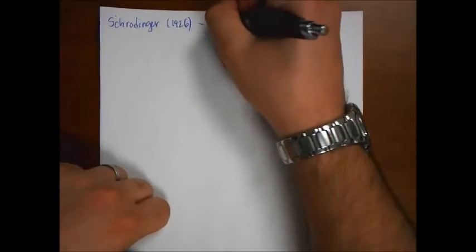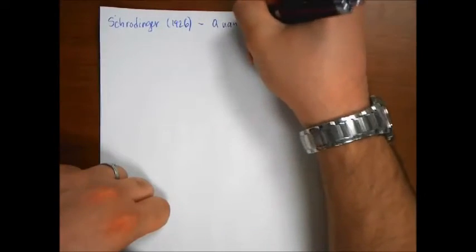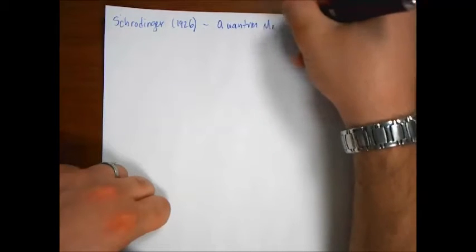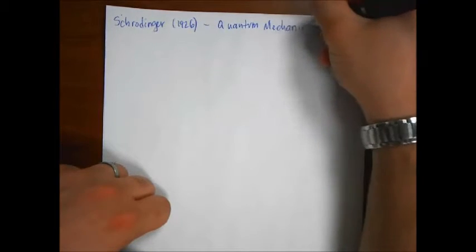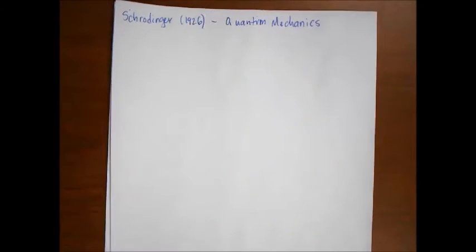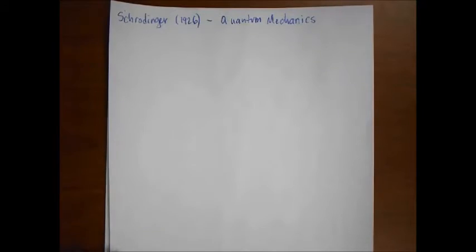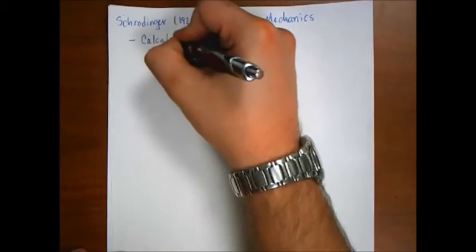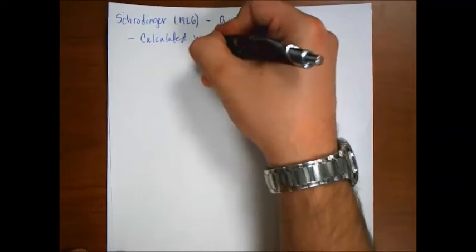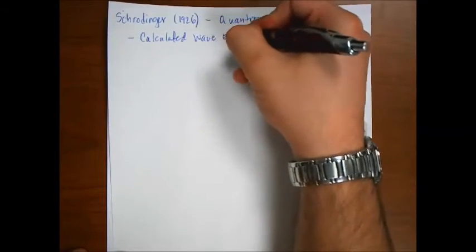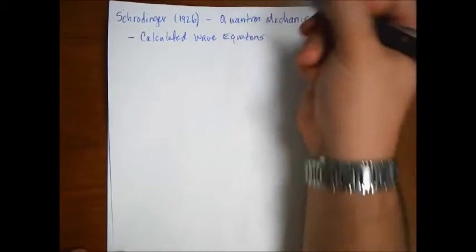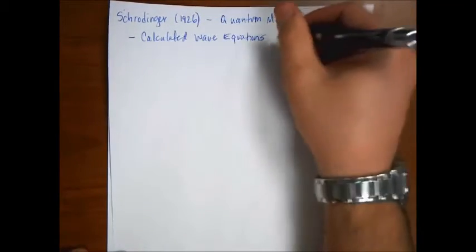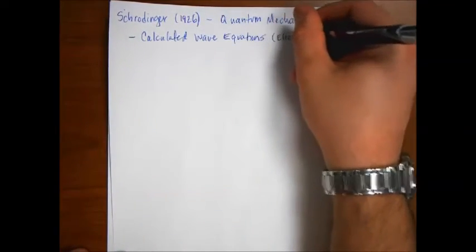He comes up with this picture called quantum mechanics, and quantum mechanics defines our picture of atoms and molecules and everything today. Fundamentally, what Schrodinger did was he calculated wave equations. He did this for electrons, so all of his equations were related to electrons.